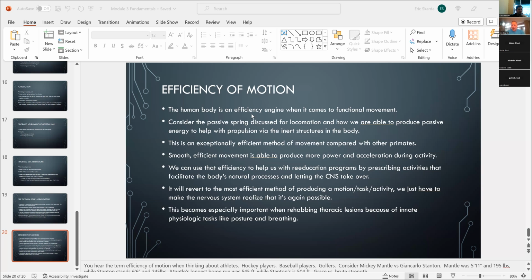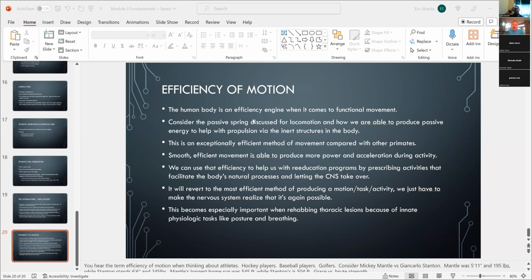We can never escape gravity. We can never stop breathing. We have to have some sort of compensation if we have dysfunction within the thorax, right? So I like to use the efficiency mechanism when I'm designing my rehab protocols, because I know that the body has these innate patterns that are available to us, things like gait, things like respiration.